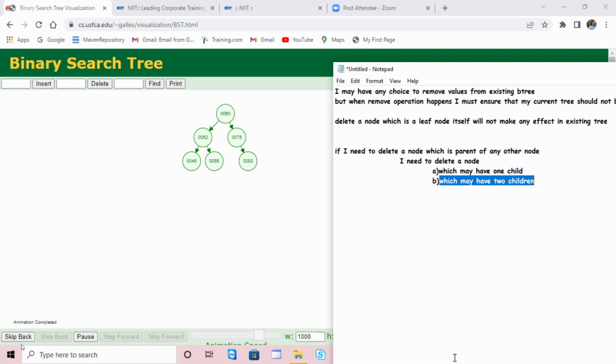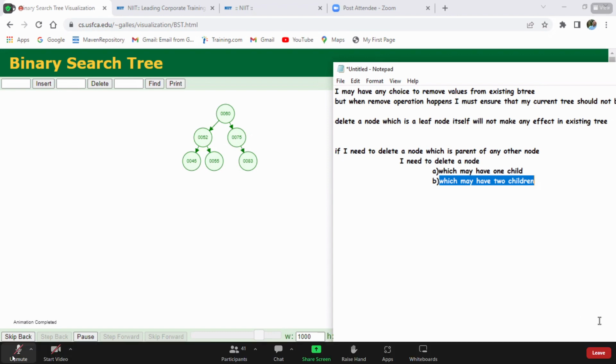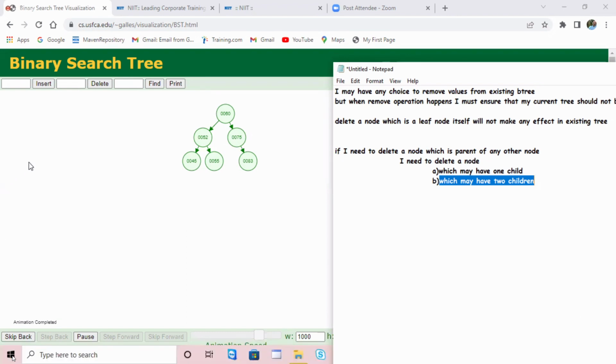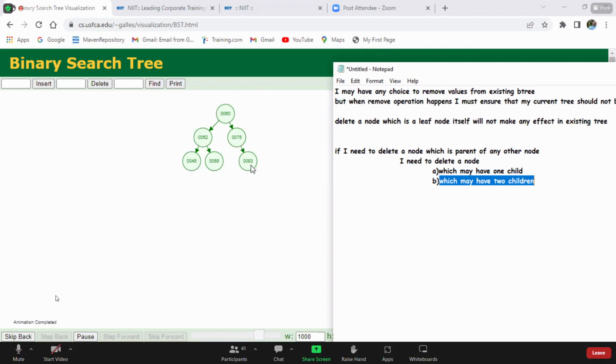Correct? So please look minutely at how the arrangement will happen when I go with one child. That means I am going to delete this 75. What will the next arrangement of the nodes be? Identify the scenario.